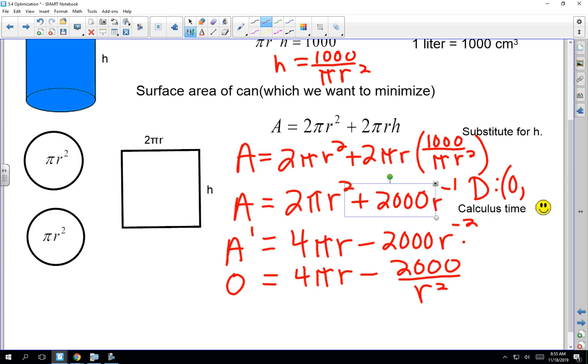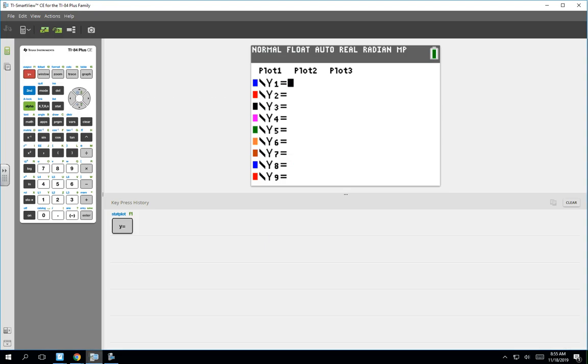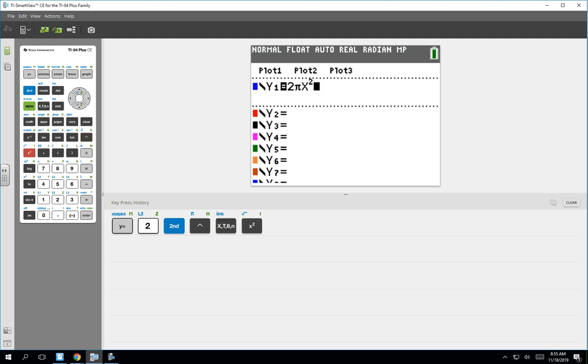If we graph it, 2 pi x squared plus 2,000 divided by x. What do you think on the window on this thing?